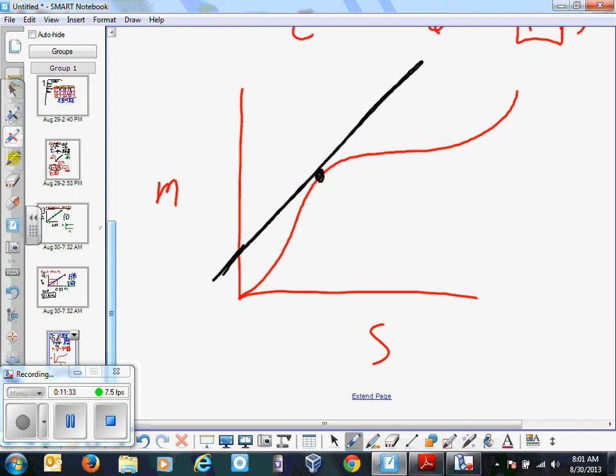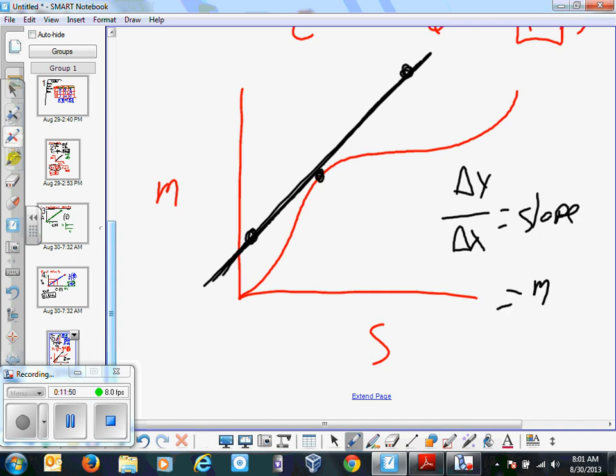A tangent is a line that hits the curve in just one point. And then you would find two positions along that tangent line, and then you do your difference of y's over your difference of x's, and you would get a slope. And you should know by now that the slope is equal to meters per second. And that would be the way to find the instantaneous velocity when we have this curvy type graph.